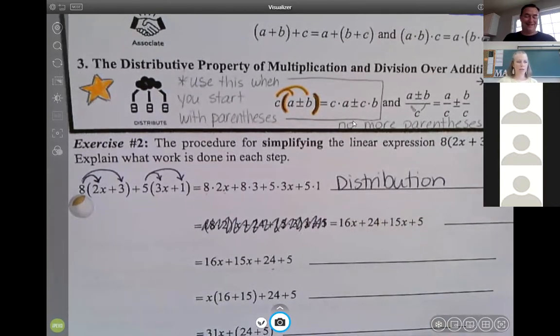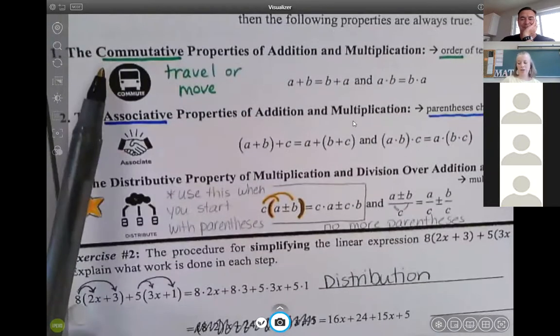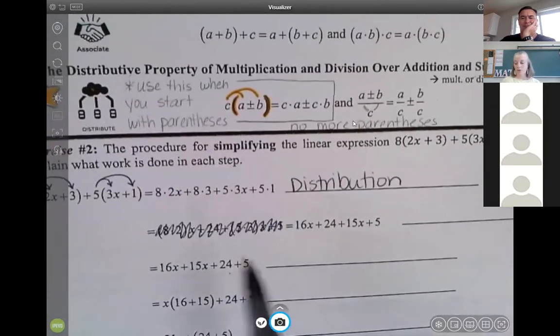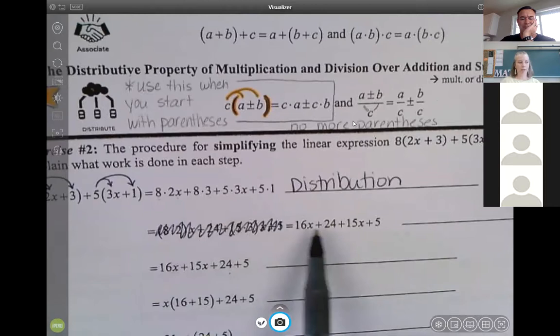So what happened here? This is a tricky question because they didn't do commutative, associative, or distributive property. They just multiplied 8 times 2x and got 16x. Even though it's not one of the real number properties that we just talked about, it was still a fine, legal, good move to do in algebra. They just multiplied.